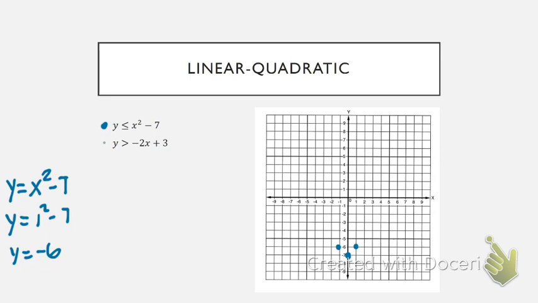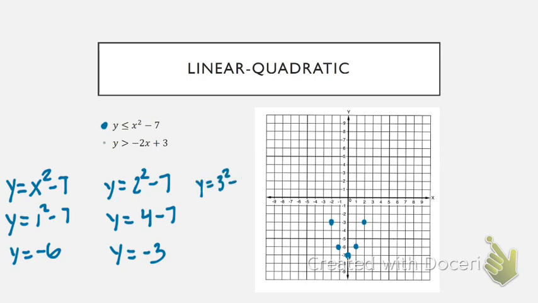And then if I plug in 2, I get negative 3. So there's a point at 2, negative 3, and negative 2, negative 3. Then if I plug in 3, I get 2. So there's going to be a point at negative 3, 2, and 3, 2. And that's good enough.